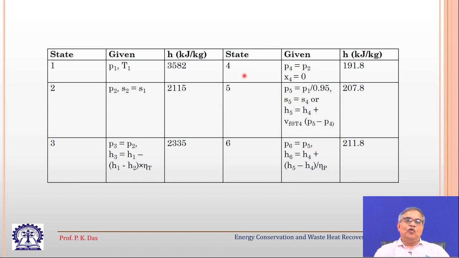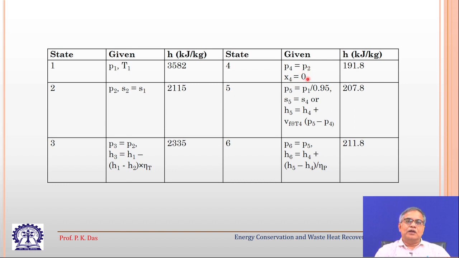Now, we come to 4. If you remember, this is the end of the condensation process, or exit of condenser. So, P2, P3, P4 are the same, and I remember it is 10 kilopascal, given there.